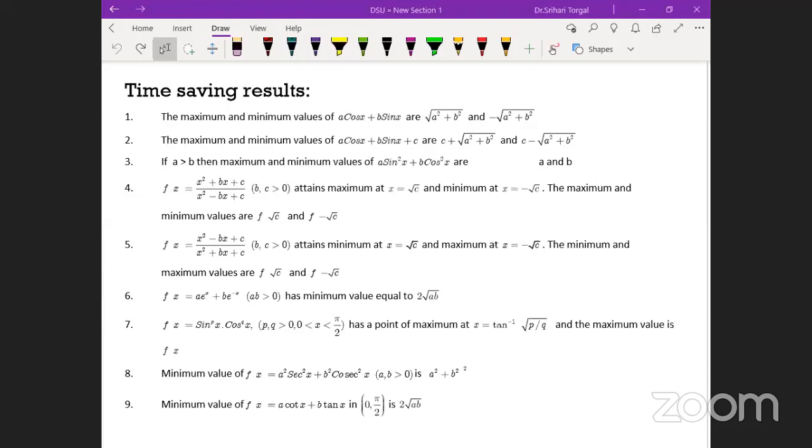Yeah, we'll continue with the application of derivatives. That is application of derivatives today.